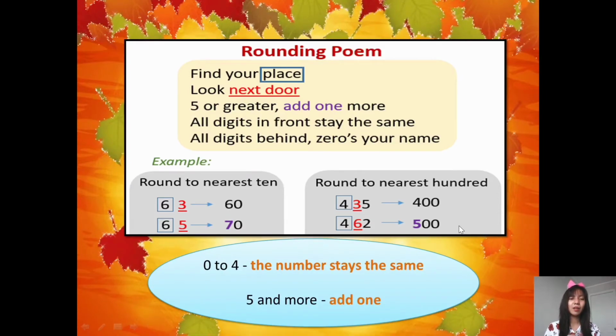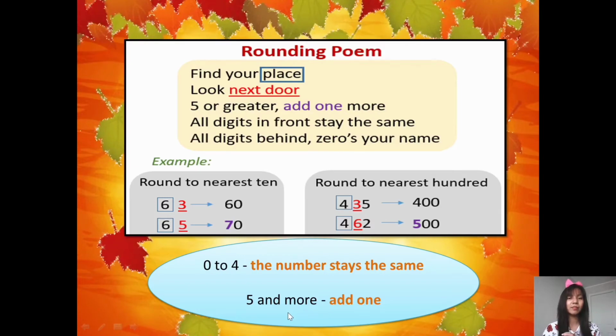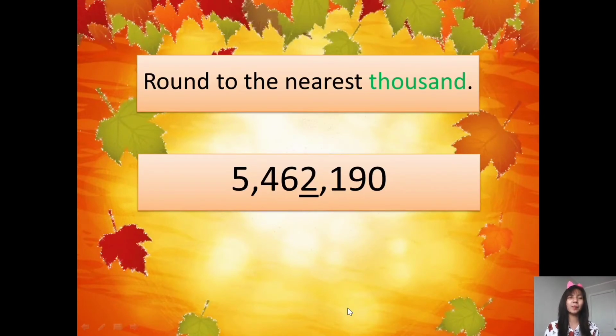So again, if the number is less than 5, the number stays the same. You don't need to add 1. And if the number is 5 or more, you have to add 1. Alright?